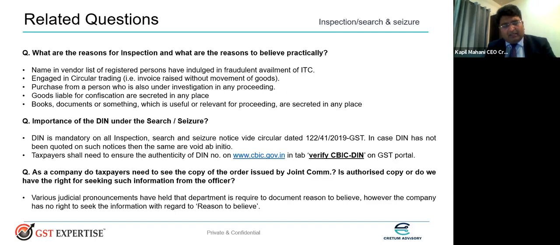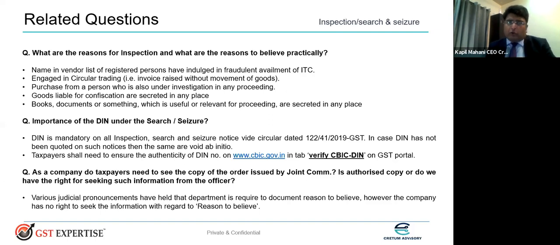As a company, so now the next question is, as a company, does the taxpayer need to see the copy of the order issued by the Joint Commissioner, or is it an authorized copy, or do we have a right to seek information? Various judicial pronouncements have held that the department is required to document the reason to believe. However, the company has no right to seek the information with regard to the reason to believe.